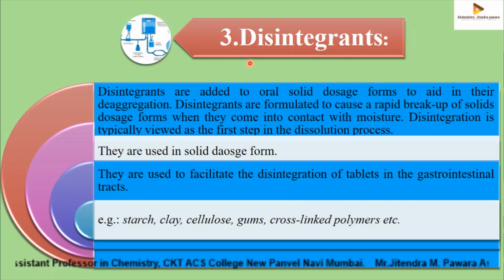So the examples of disintegrants are starch, clay, cellulose, gums, and some cross-linked polymers. The role of these is that they are used to disintegrate your tablet in an oral solid dosage form. When your drug enters the gastrointestinal tract, and it contains any one of these, starch, clay or cellulose, it facilitates the disintegration of the drug.